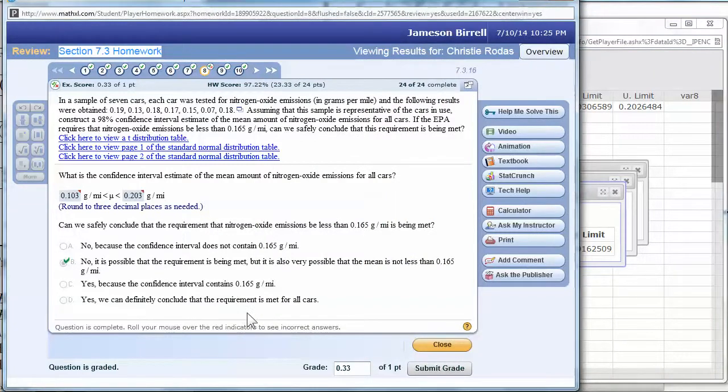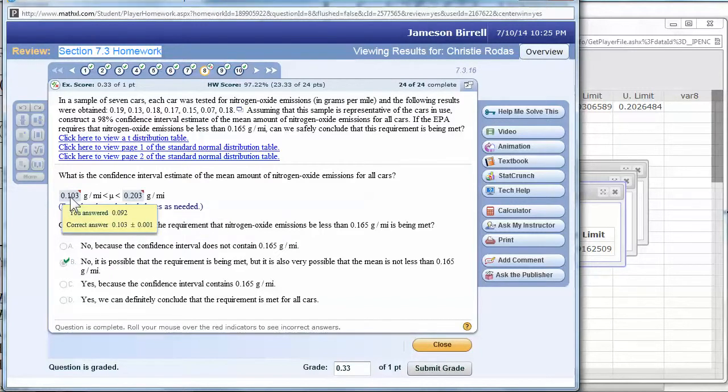All right, the second part of the question, since I've gone on too long trying to figure out what that was: can we safely conclude the requirement that nitrogen oxide emissions be less than 165 thousandths is going to be met? In other words, if that's the true population proportion, are we within the range of the interval?